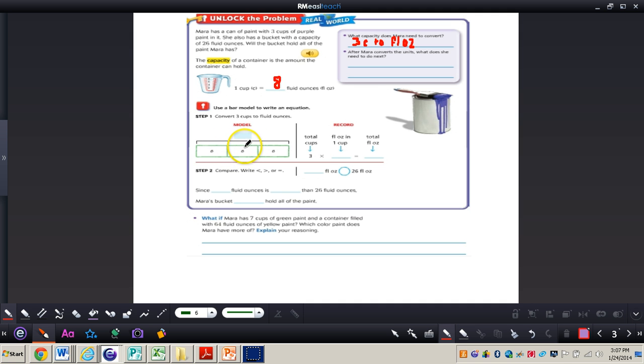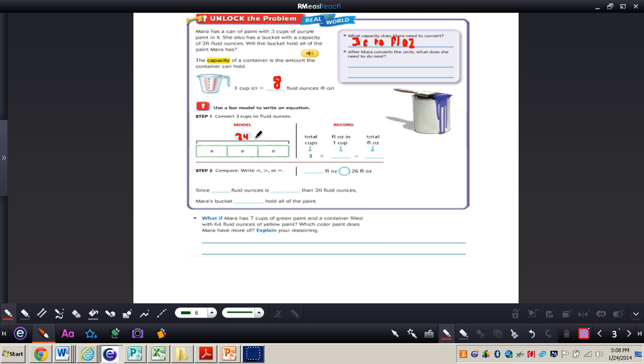So 1, 2, 3 cups here is actually going to be 8, 16, 24. It's going to be 24 total fluid ounces, and we can write that right in here. Now to record this, 3 cups.